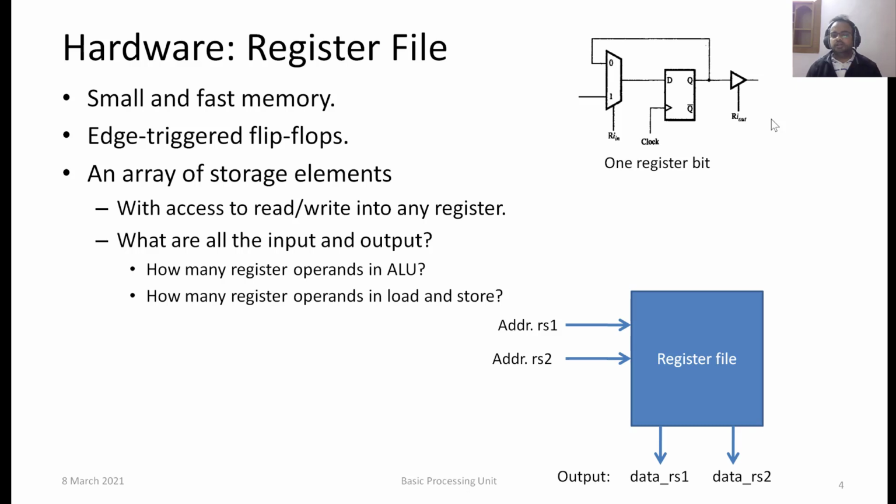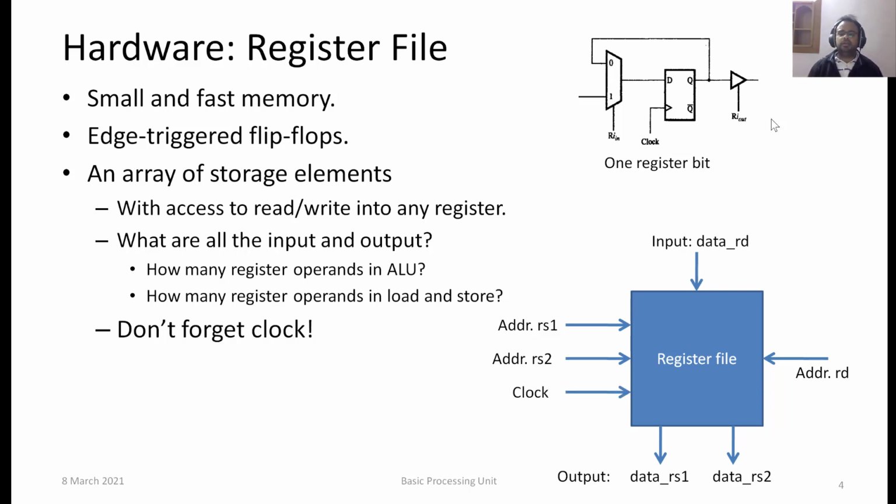So we would say it has 2 output ports. In the same way, we would need 1 input port, meaning the destination register's address is given to the register file along with the data that needs to be written, and it will handle the write and update the individual flip-flops. So this register file has one input port, right? And all these need to be synced with the clock, so there will be a clock input.